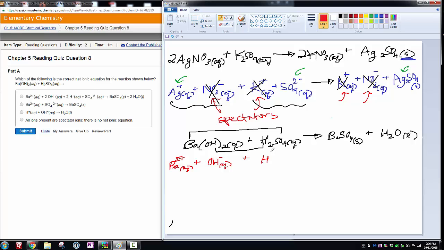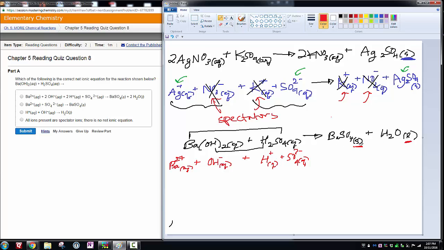We've got H+, those are aqueous, and sulfate, which are aqueous. These are not aqueous, so I can't split them up because they're not dissolved in solution. Can't split this up, and this is a liquid. So there's nothing to cancel because there aren't individual ions on this side.